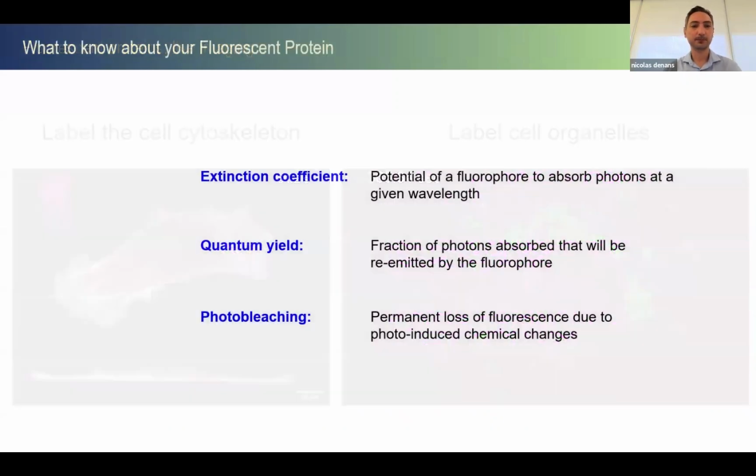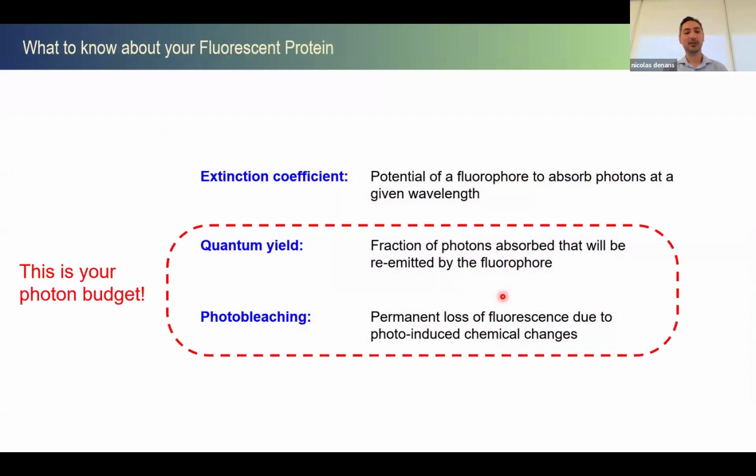So what do we need to know about our fluorescent protein? Well, we need to know the same things as for any kind of fluorophore. We need to know our extinction coefficient. We need to know our quantum yield. And again, extinction coefficient and quantum yield product is brightness. And now photobleaching is going to be very important because the photon budget is going to be critical.